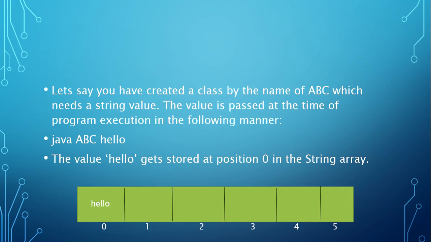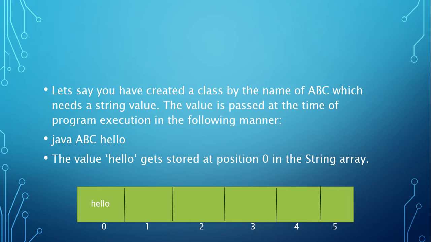So let's take an example. Suppose you have created a class by the name of ABC in which you need a string value to be accepted. Now, as I explained before, this value will be passed at the time of program execution. How? It is in this manner. So we write java, we write the name of the class, that is ABC, followed by the value which I want to pass.